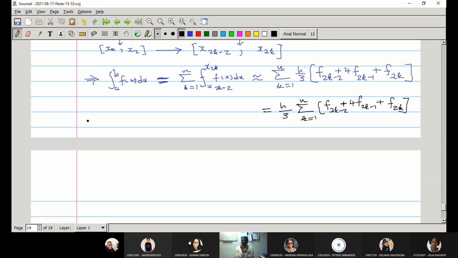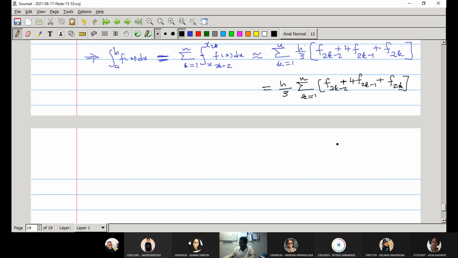Okay, so when I will be summing, the midpoint, this one in the middle, will not be affected, right? This point here. Okay, let me take it for 2 inner points. You will see exactly what will happen.